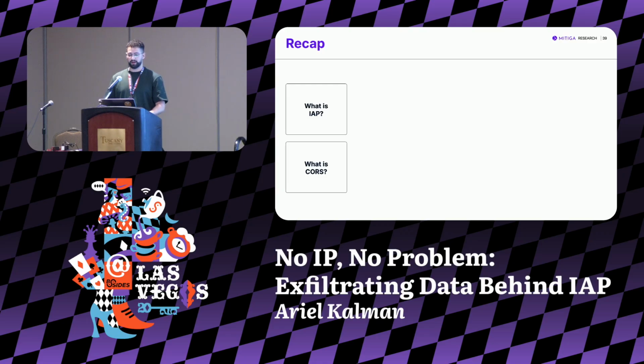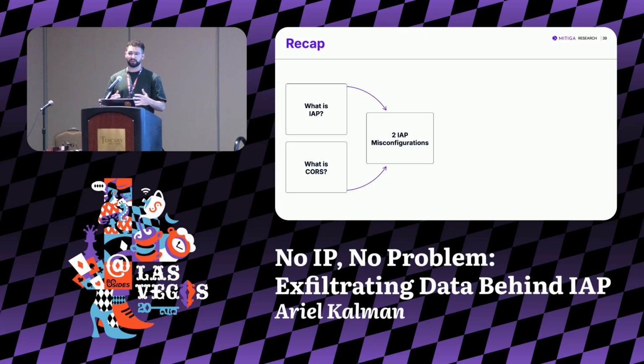So a quick recap: I showed you what is identity-aware proxy, how it works in reality, and what is cross-origin resource sharing, and how they can both be related. I showed you 2 IAP misconfigurations that are relevant not only for this kind of scenario, but relevant to more services and resources in GCP, like the first misconfiguration of all users and all authenticated users.